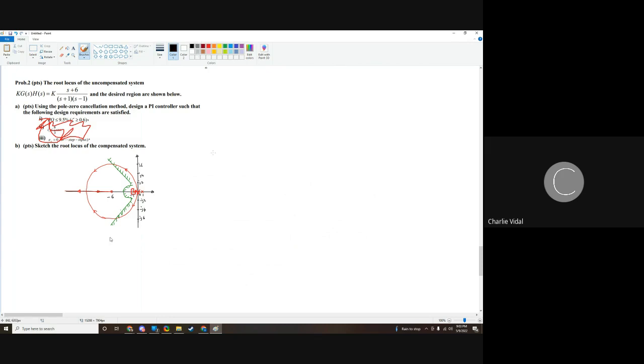So we're going to cancel at S is equal to -1. Okay? So we're going to cancel at S is equal to -1. And then we're going to redraw the graph.